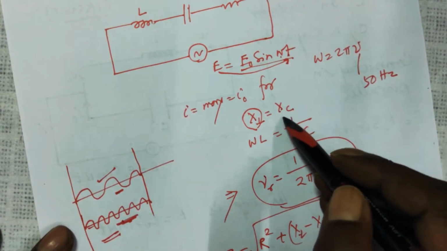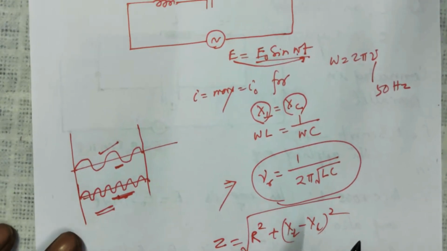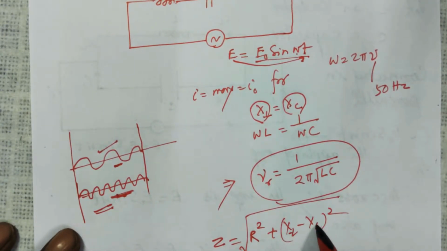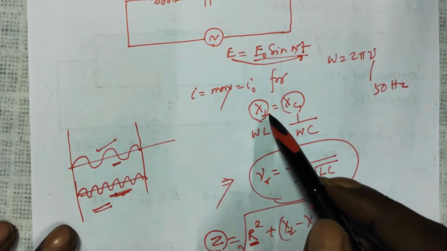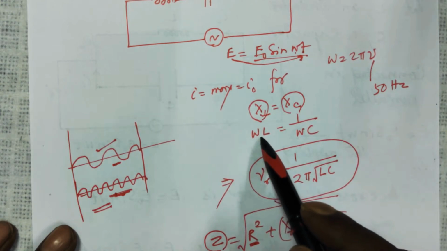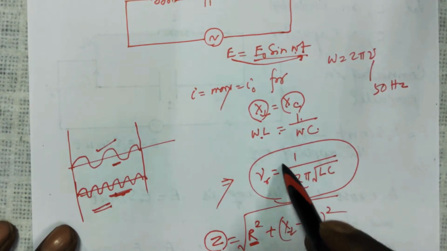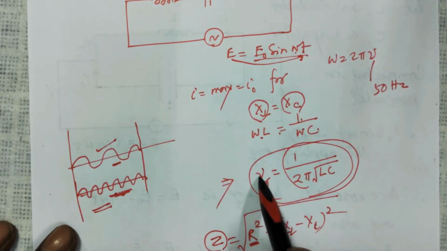If XL is equal to XC, then your Z was minimum, that was R, so it was drawing maximum current. Putting XL equal to XC, that is omega L is equal to 1 by omega C. This we had derived as the resonance frequency.